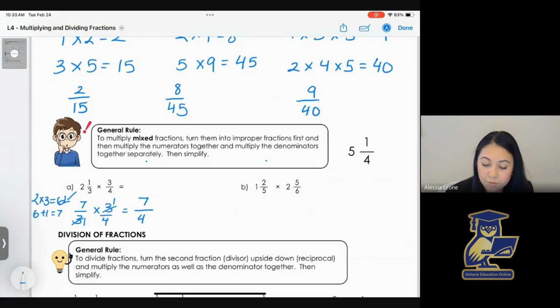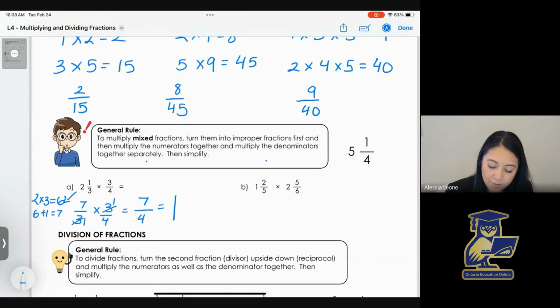I now have to convert that back into a mixed number. To convert that back into a mixed number, I have to see how many times 4 goes into 7. 1 time. And then I have to see what I am left over with.